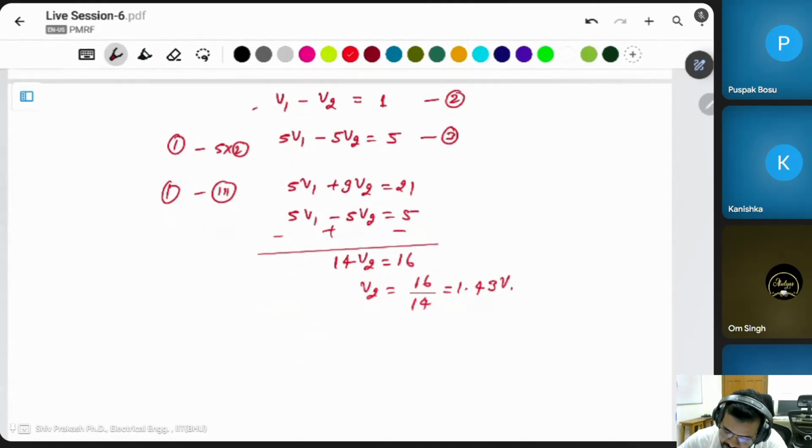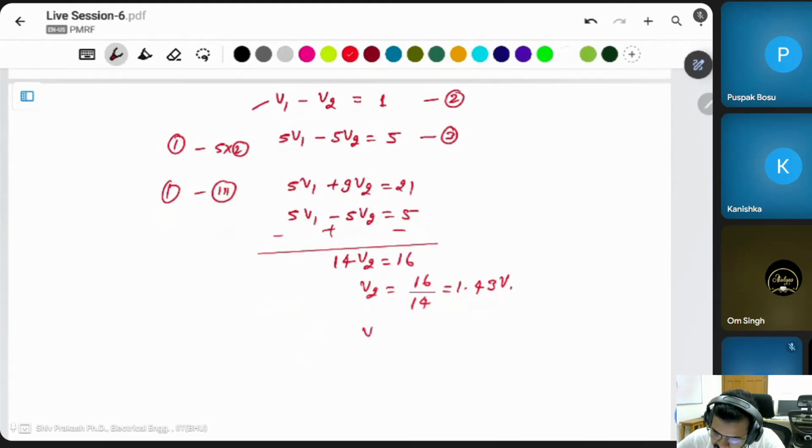Then what is V1 in this case? V1 is equal to 1 plus V2, which is equal to 1 plus 1.143 is equal to 2.143 volt.